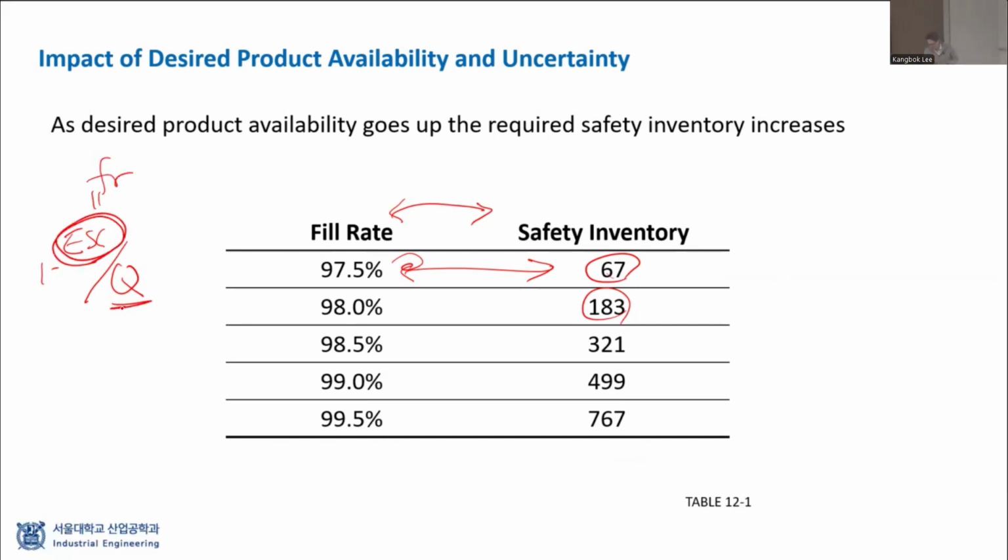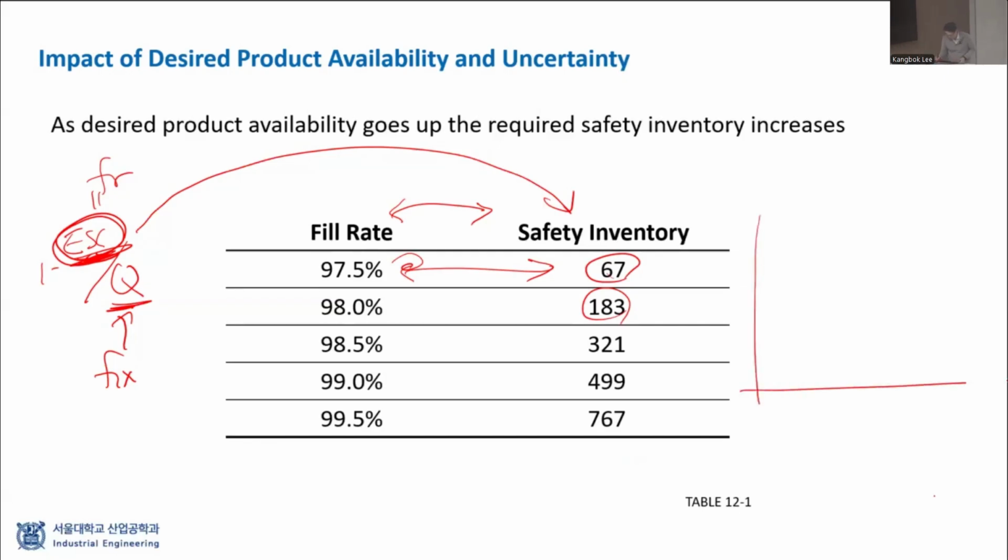And since your order quantity, you can fix it. Actually, as long as you have the expected shortage, you can calculate the fill rate. However, in order to calculate this expected shortage, you need to have an idea about the safety stock because depending on the safety stock level, your shortage can change. So it's quite related in that way. And numerically, if you calculate this relationship altogether, you gotta find out that the safety inventory is increasing in an increasing manner.